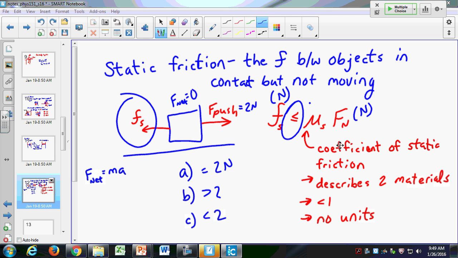Half of you said this was the answer before we did that. But if the static frictional force were less than 2 newtons, let's say that the push was 2 newtons and the static frictional force was 1 newton, gosh, what's going to happen to that table? It's going to move, right? And in fact, that's not static friction when it starts moving. That's something called kinetic friction.